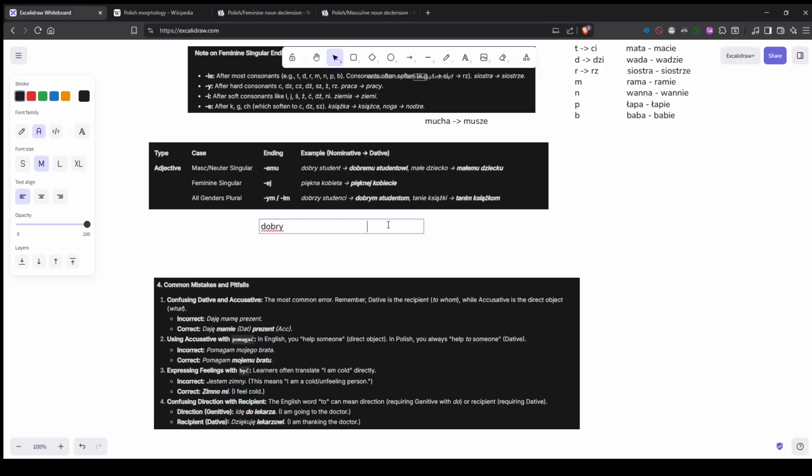But for example, cheap, such as in cheap books, is tani. So if it ends with i, it's just im. So we just keep this vowel and that m. Dobry, dobrym. Tani, tanim. Okay.